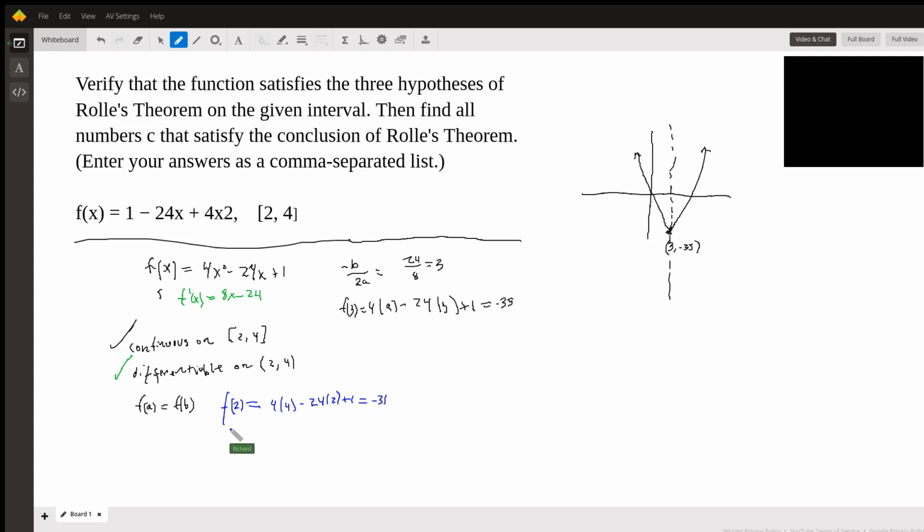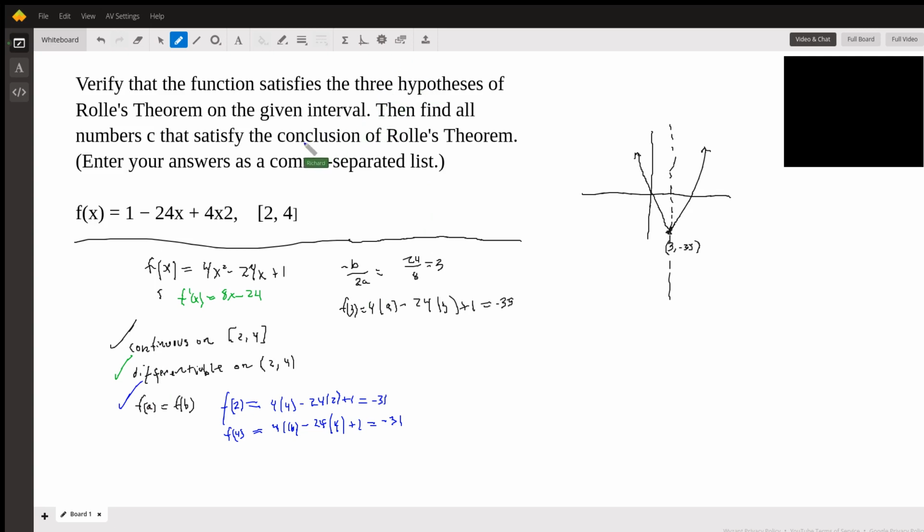And then f of 4 is going to be 4 times 16 minus 24 times 4 plus 1. And that's going to be negative 31. So now we've got all three of these things checked.